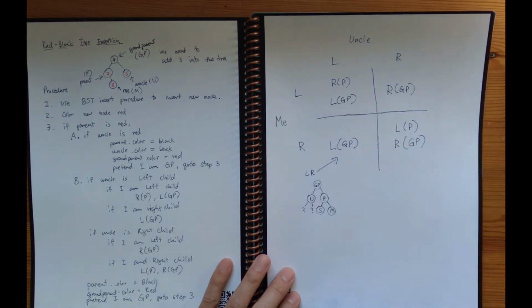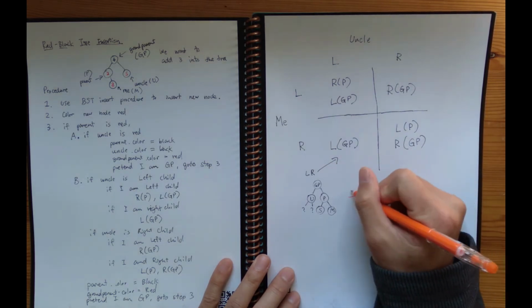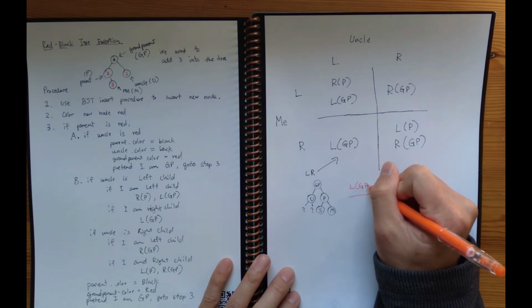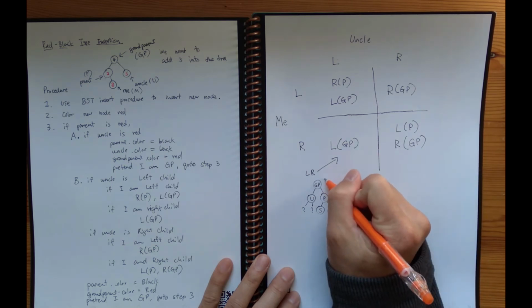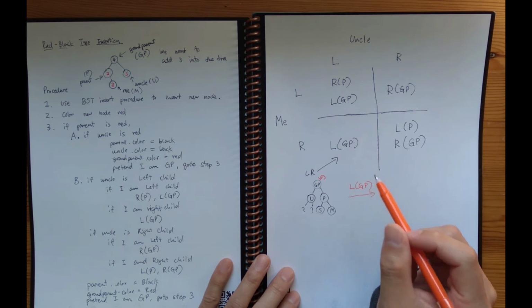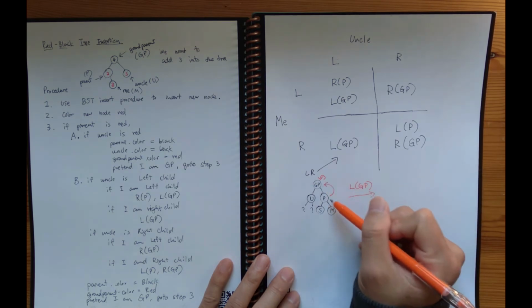As this entry in the table instructs us to do, we only have to do one rotation procedure, and the procedure is left rotate of the grandparent, and that's that guy. So we want to left rotate the grandparent, which means it's in that direction. And again, the way you do left rotate is you take your right child and replace yourself with it.